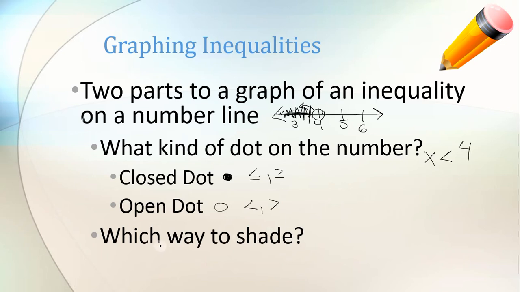Now, there's a really cool way to know which way to shade. If you notice, I shaded to the left and my arrow is pointing to the left. That's pretty cool, right? But you can follow the arrow, but the variable has to be on the left.